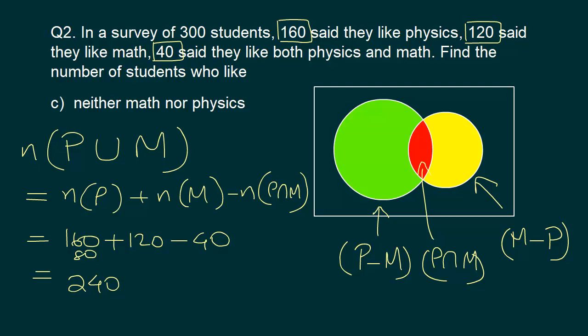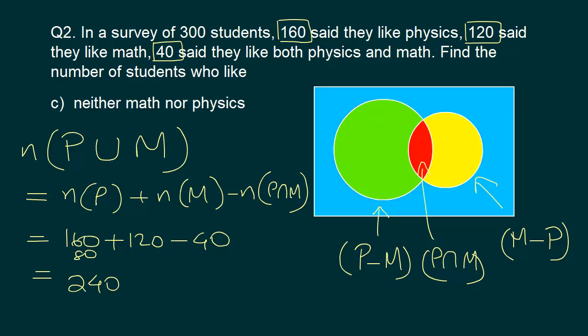Then what does this represent? What does the blue part represent? Remember, the entire thing is the universal set. So the blue part represents students who do not like physics or math. They don't like any of the two subjects, right?